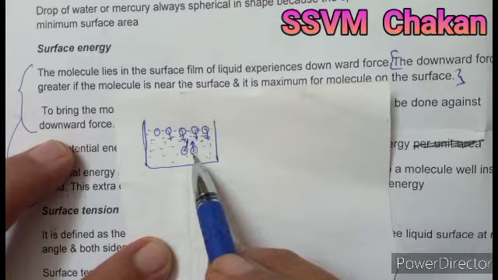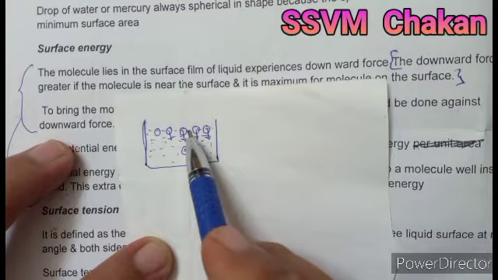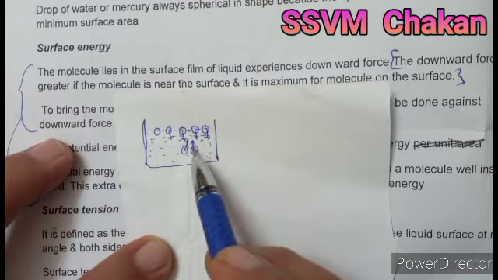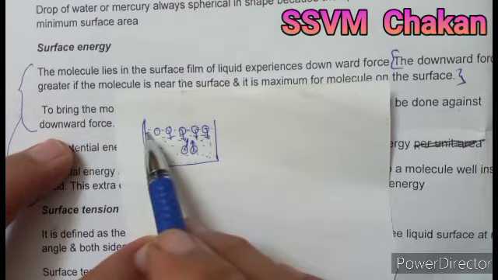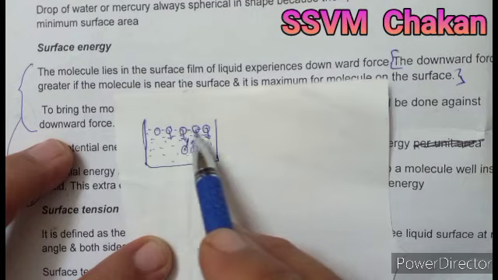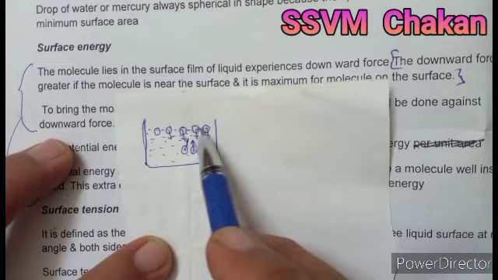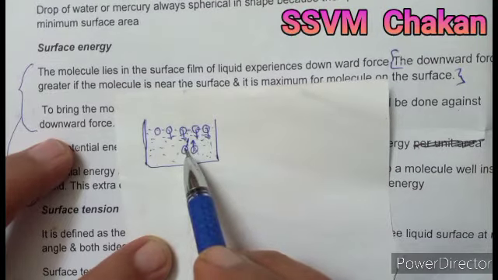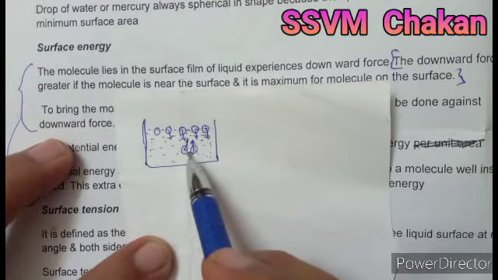So when you externally apply an excess force to these molecules so that they come onto the free surface of the liquid, whatever excess force you have provided is converted into energy and stored in the form of energy when the molecule is on the surface of the liquid. These molecules have excess energy compared to the inside molecules. Inside molecules also have some energy, but top surface molecules have larger energy than molecules well inside.